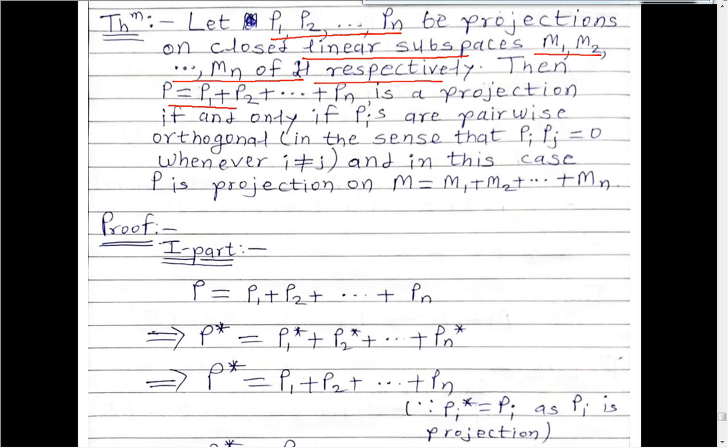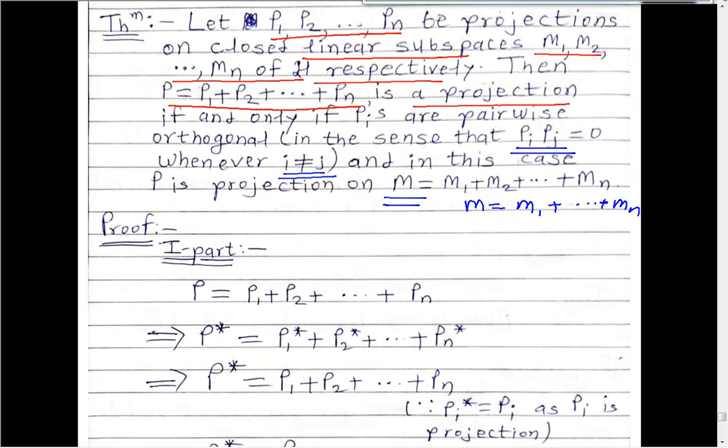Then P equal to P1 plus P2 plus ... plus Pn is a projection if and only if the Pi's are pairwise orthogonal, in the sense that Pi composition Pj is equal to 0 whenever i is not equal to j. And in this case, P is a projection on M, where M is defined as M1 plus M2 up to Mn. So it is the sum of all these linear spaces.